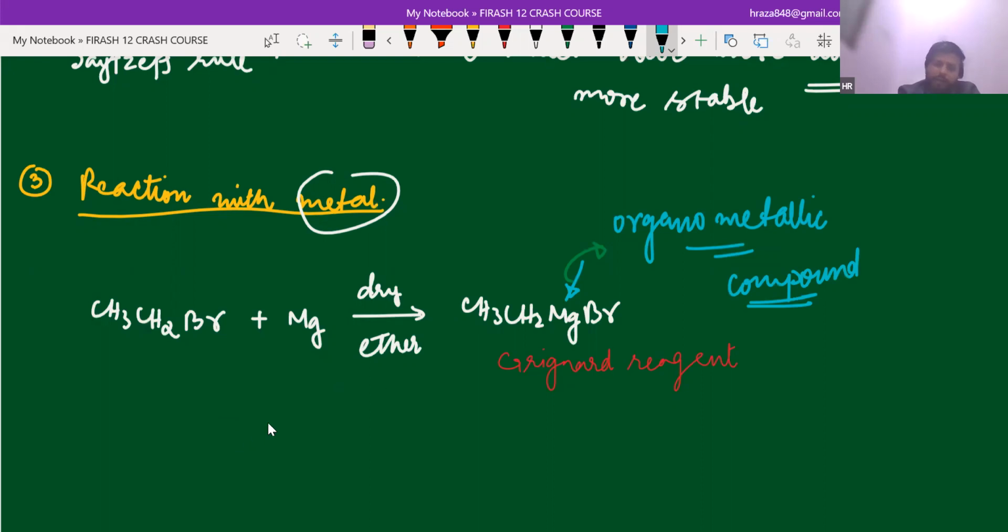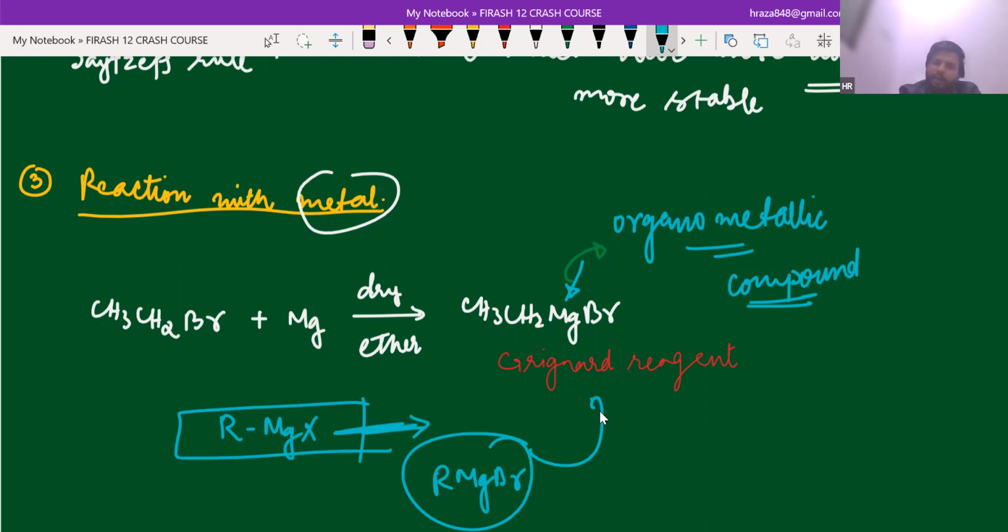And this reagent we always write in a short form or general formula, RMgX, or basically RMgBr. This is your Grignard reagent. Is that clear? And this Grignard reagent is very, very reactive. Even moisture can react with it to form a hydrocarbon or alkane. Are you getting my point?